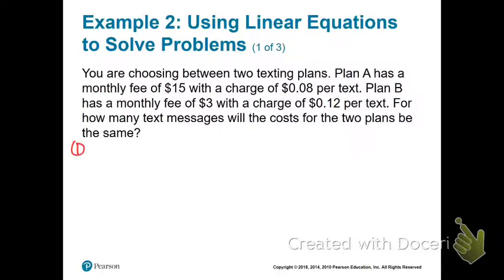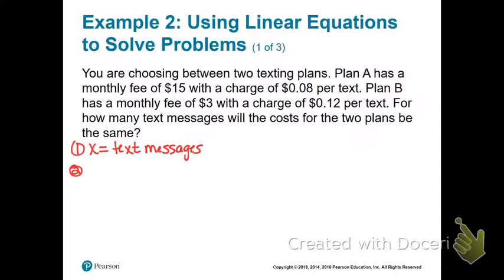So step 1 says to pick what you want x to be. Well, what are we after? For how many text messages? So x is going to be the number of text messages. Step 2 says to let the other unknowns be represented by x.